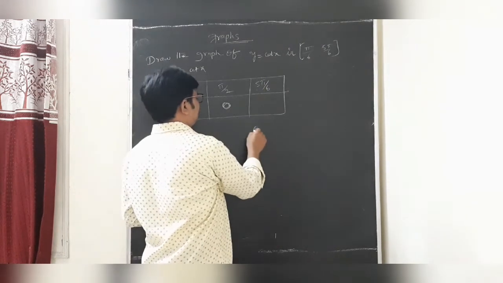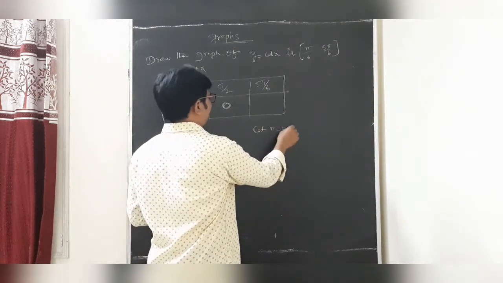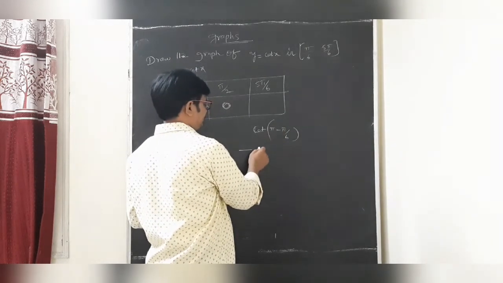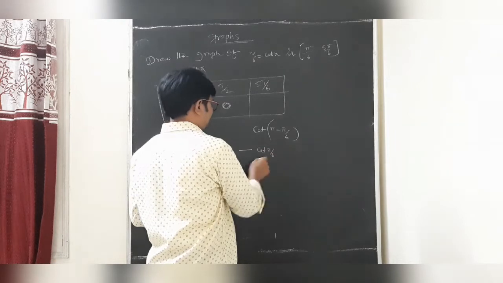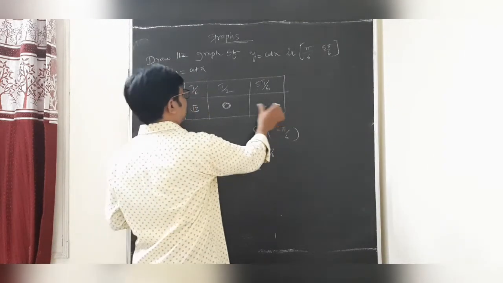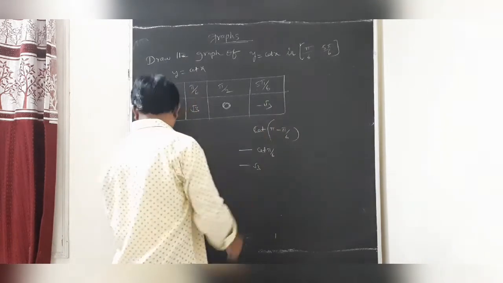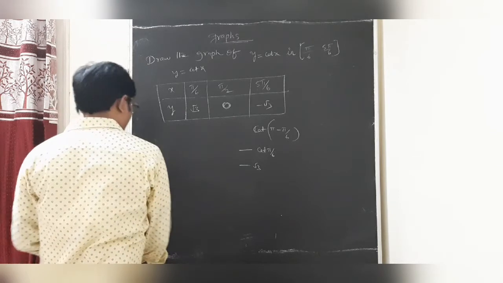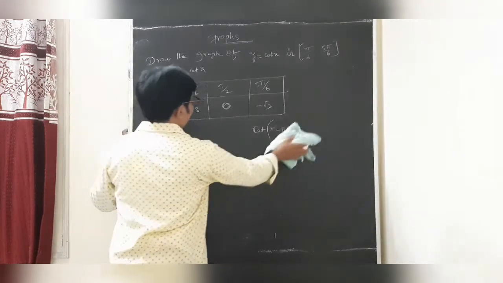This is cot of pi minus pi by 6. In the second quadrant cot is negative, that is minus cot of pi by 6, again minus root 3. My dear students, now draw the graph in between pi by 6 to 5 pi by 6.